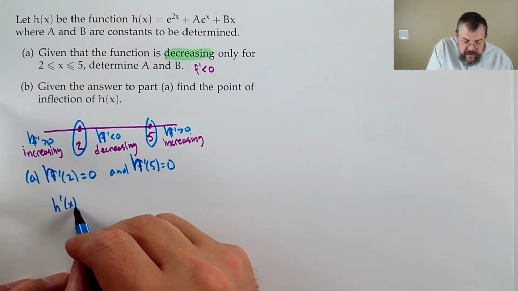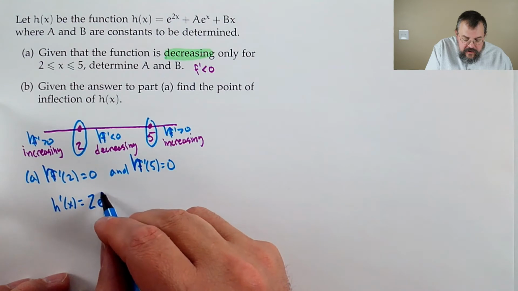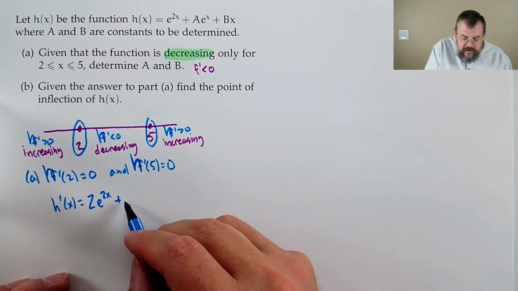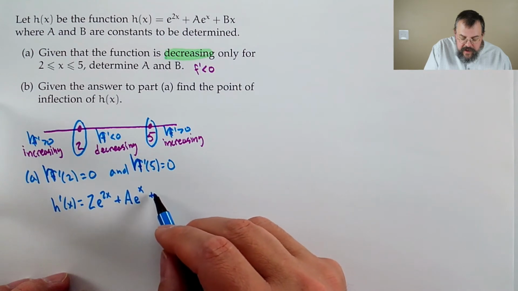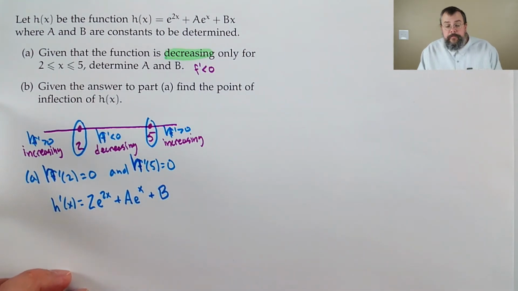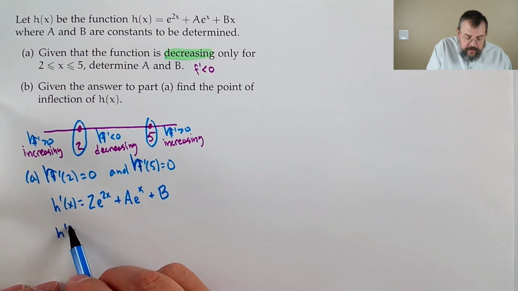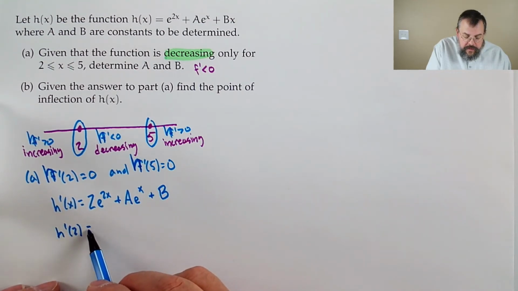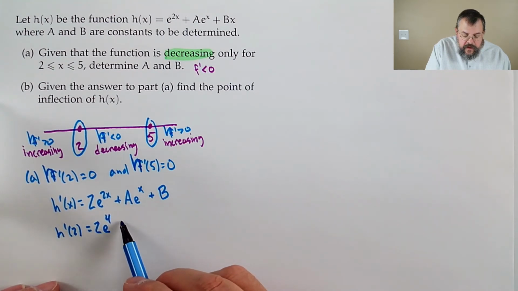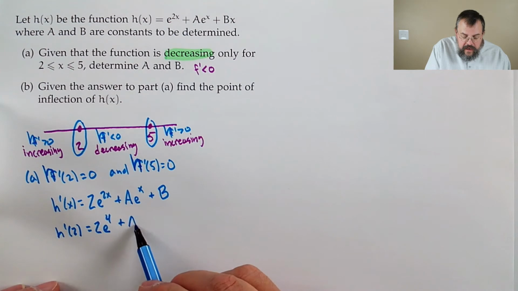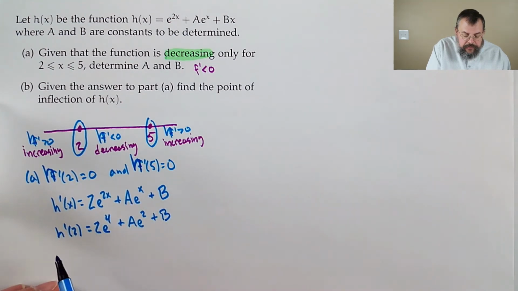H prime of x is chain rule 2e to the 2x. A is a constant, so it's derivative of e to the x, and derivative of b times x will be b. Okay, so that's h prime of 2 would be, well, 2e to the 4 plus a e to the 2 plus b.